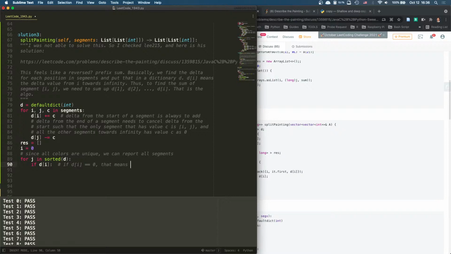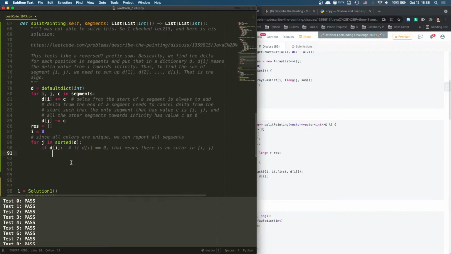that means there is no color in i to j. So if it's not equal to 0, then we can res.append, right? So we append i, j, d[i]. We can append it. And after that, we need to compute.